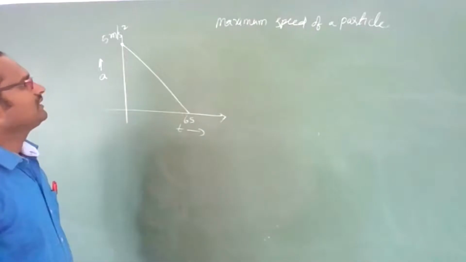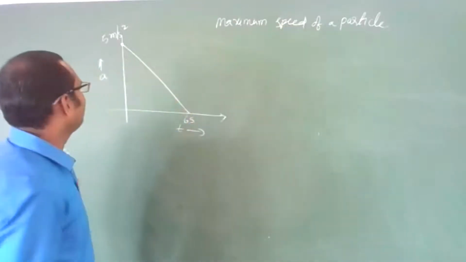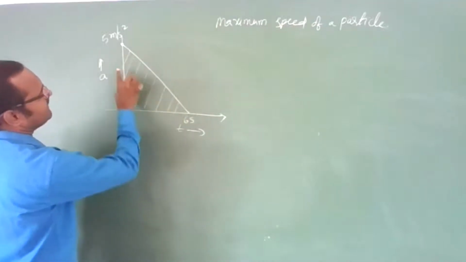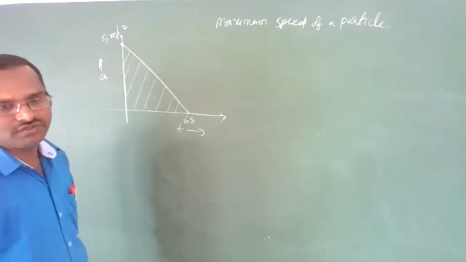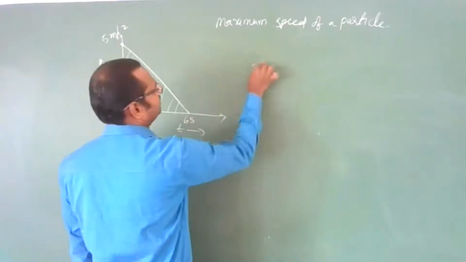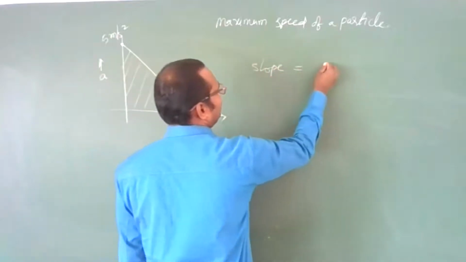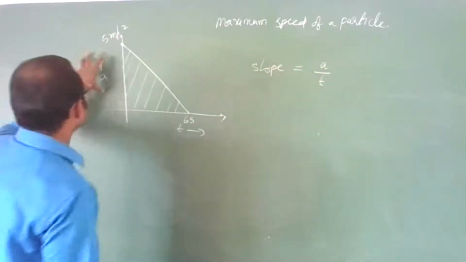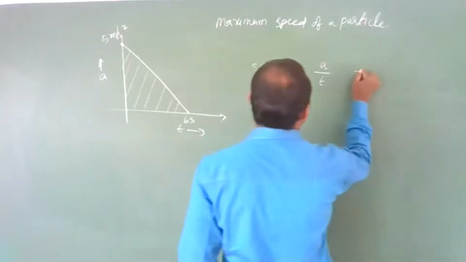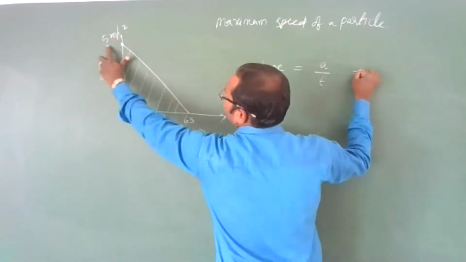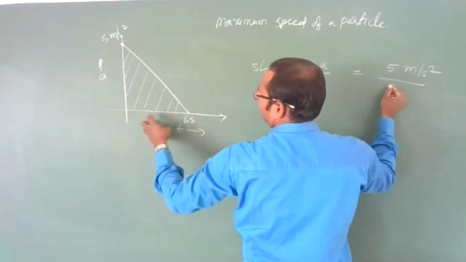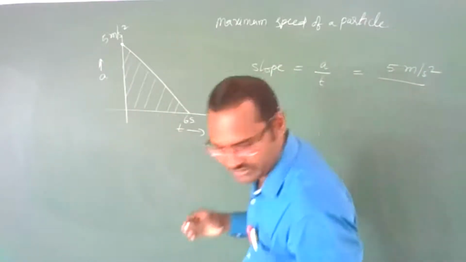Acceleration time graph is given, we want speed or velocity. So what you have to do to get the required value? Take area under this graph. Slope of the AT graph gives you what? Slope is A upon T. Sorry, why am I taking slope?